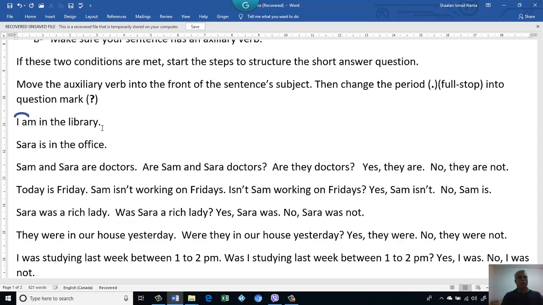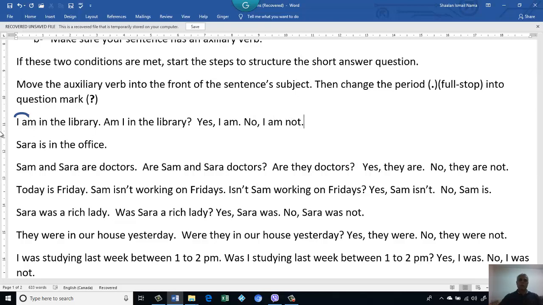Then I'm going to say, am I in the library? Then change to a question mark. Then if I want to answer it, there will be only two answers. It could be yes, I am, or no, I am not.